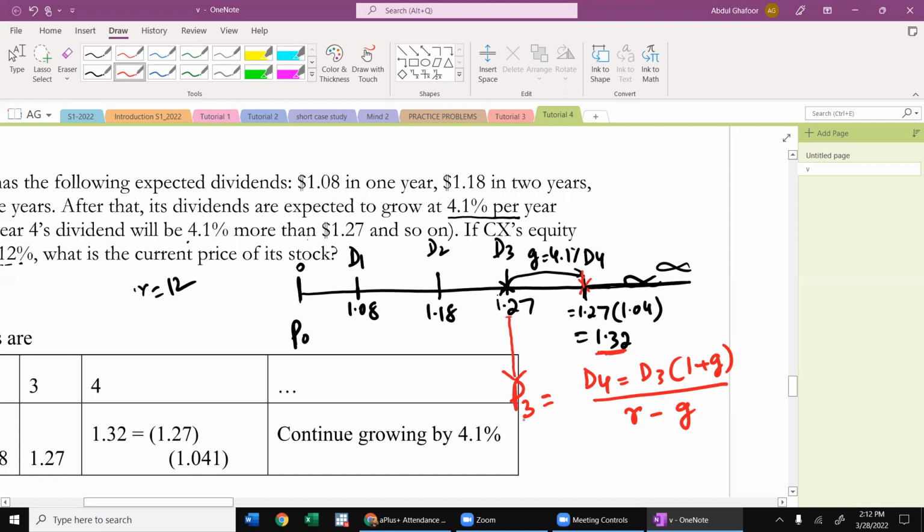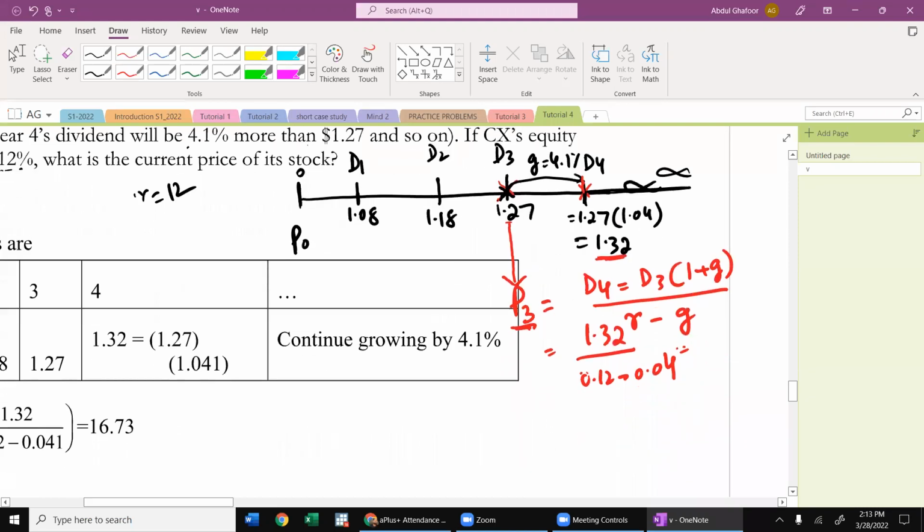That's why we are using that. At the point from where the growth has happened, you stop there and calculate this P3. It will be 1.32 divided by 0.12 minus 0.04. So you will get the price.